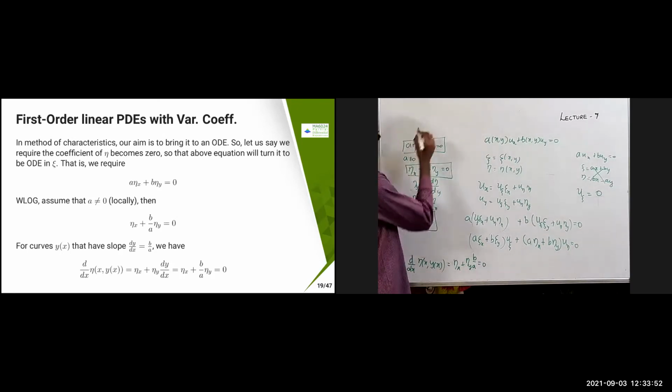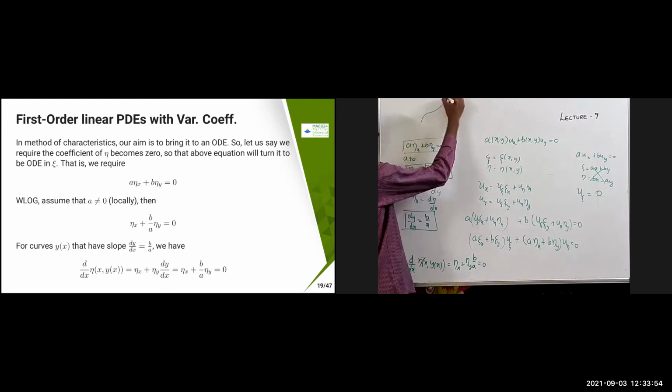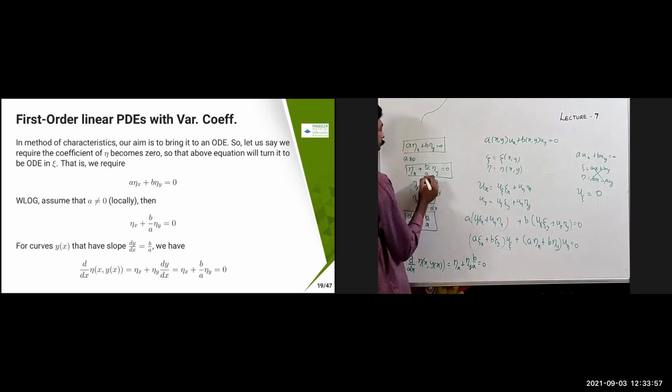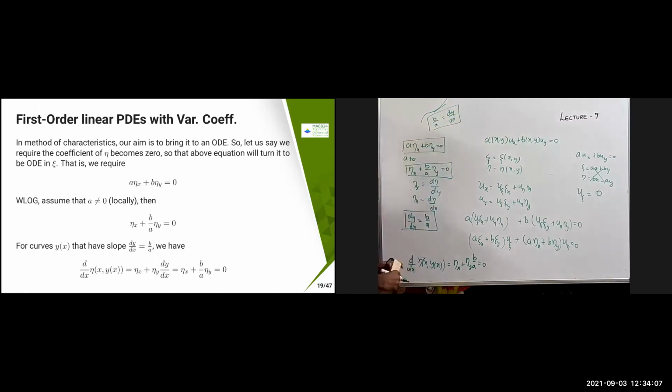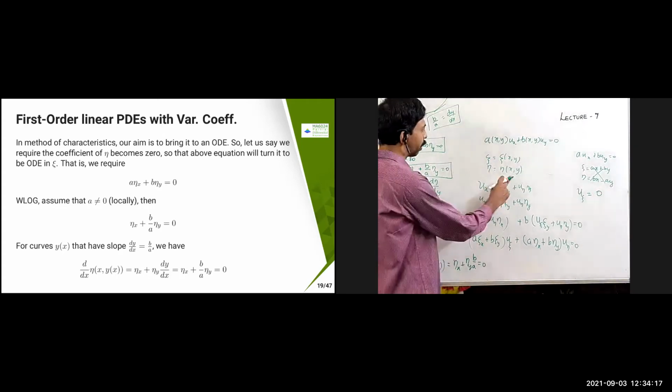Now I'm going to consider a curve whose slope is b by a, meaning dy by dx equal to b by a. This condition I'm going to take. Then d by dx of eta of x comma y of x I'm going to define, because this eta is a function of x comma y.